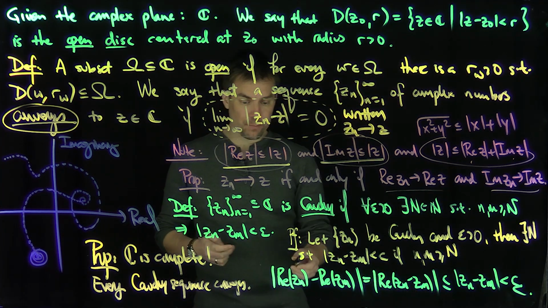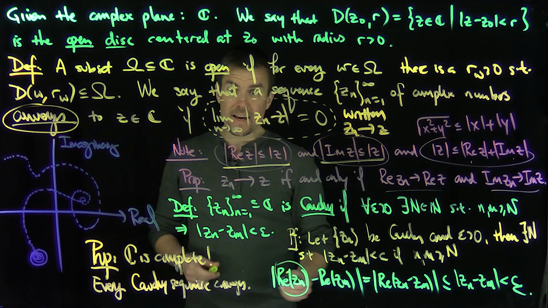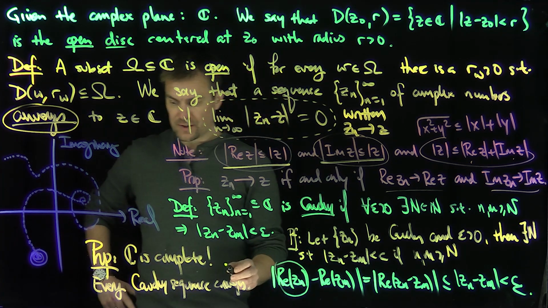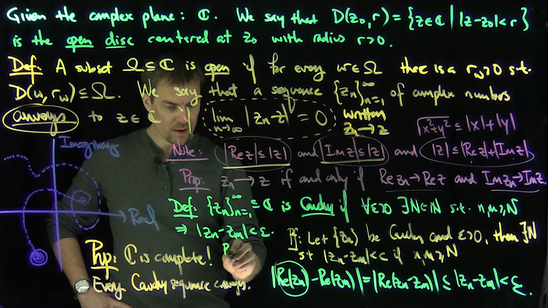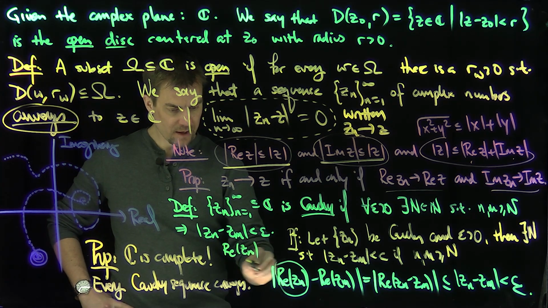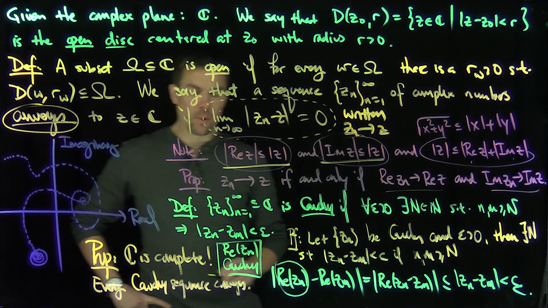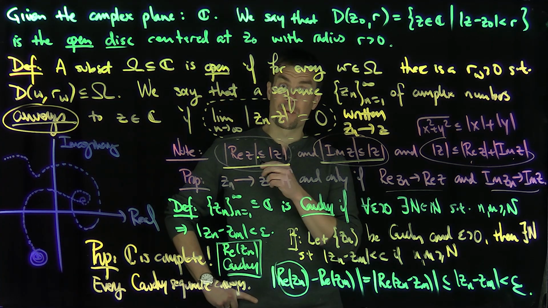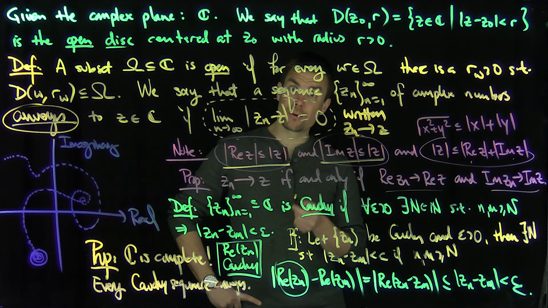What does this prove? This proves that the real part of Zn is a what sequence? Real part of Zn is Cauchy. Okay? And what do we know? That's a sequence of real numbers.